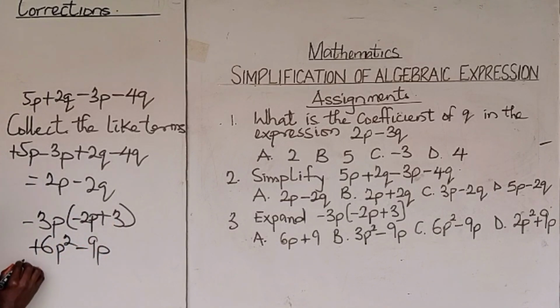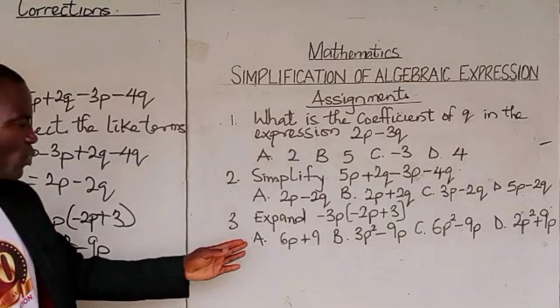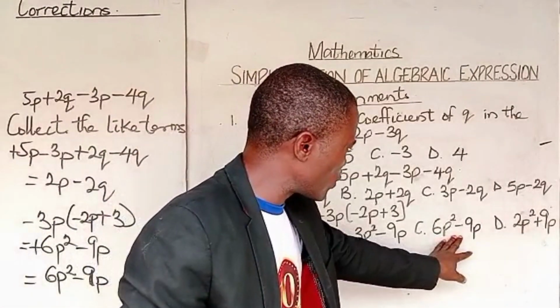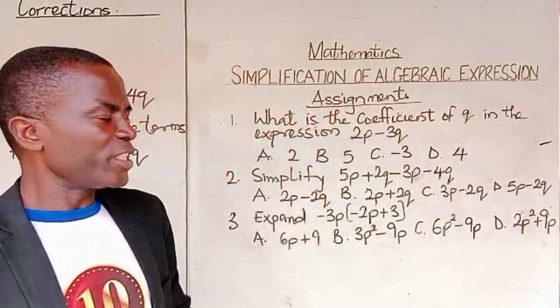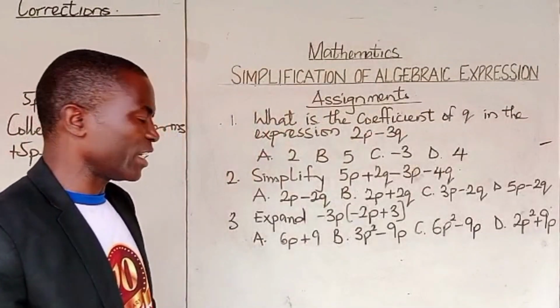So the final answer is going to be equal to 6p squared minus 9p. Let's check the correct option. We have options A, B, and C: 6p squared minus 9p. The correct option is C. I want to believe it's very clear.